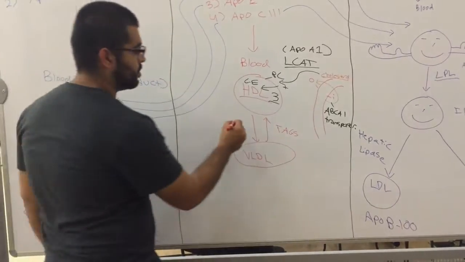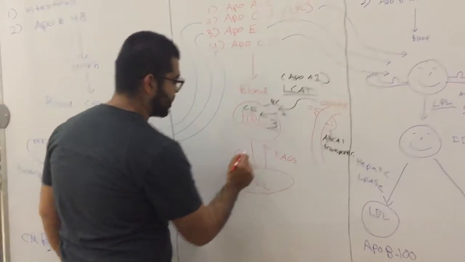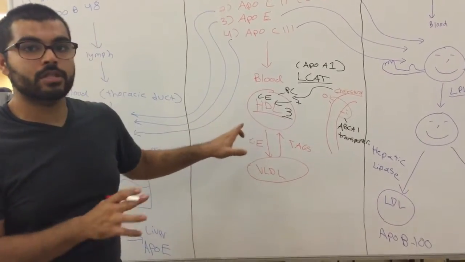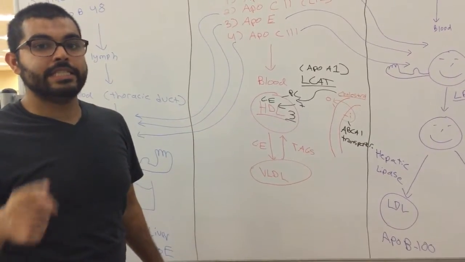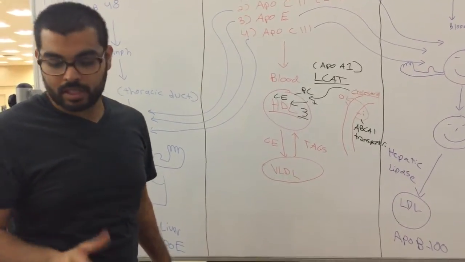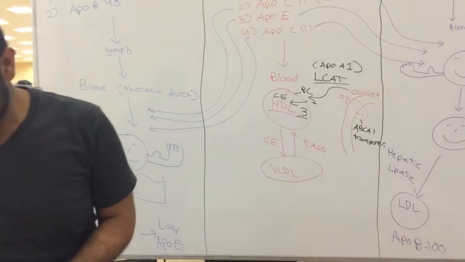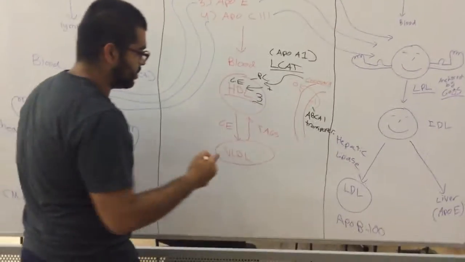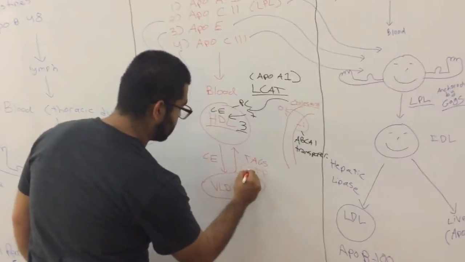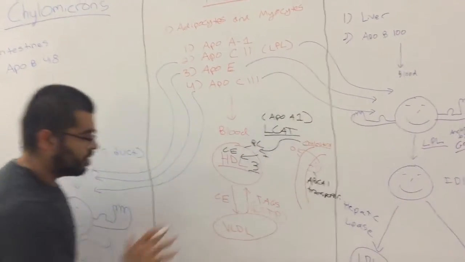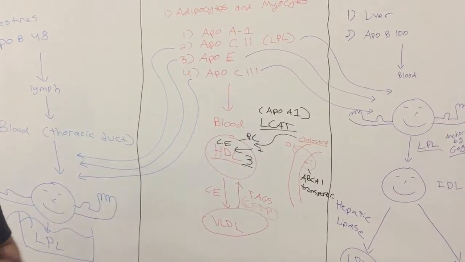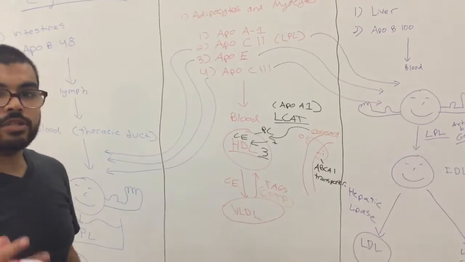Cholesterol esters. This process is facilitated by a protein called CETP, which stands for cholesterol ester transfer protein. I think I said that right, hopefully. CETP. Once this is done, this will convert your HDL3 into HDL2.